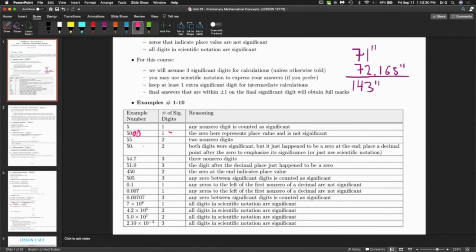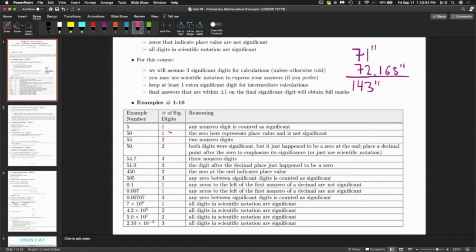Probably not. But you know that your measurement is accurate to at least the nearest thousands of years. So you know that that 5 is good, but those zeros are only there because it's a large number. So that's why numbers that have zeros at the end that are bigger than 1, only the numbers in front that are not 0 count.